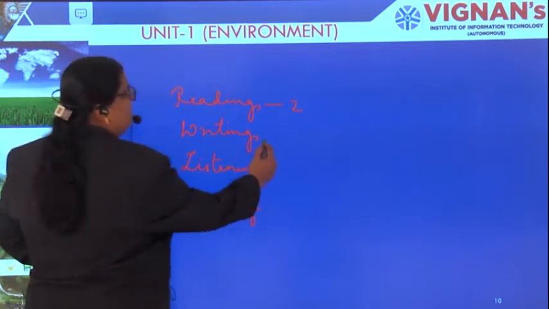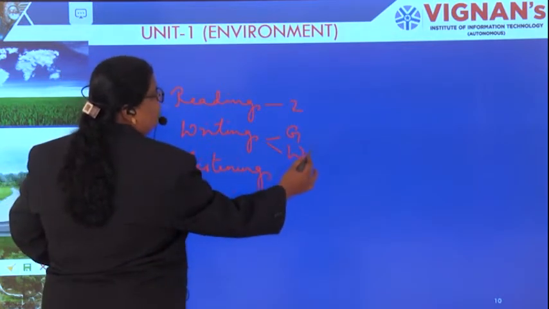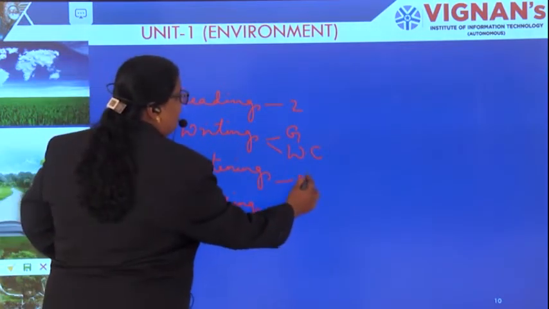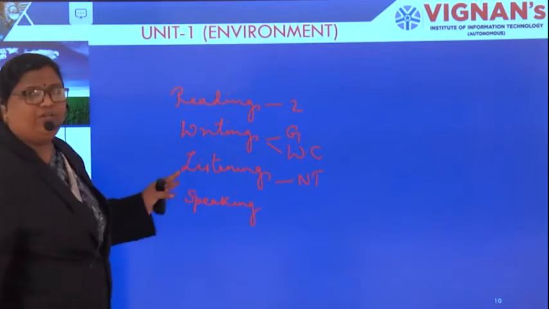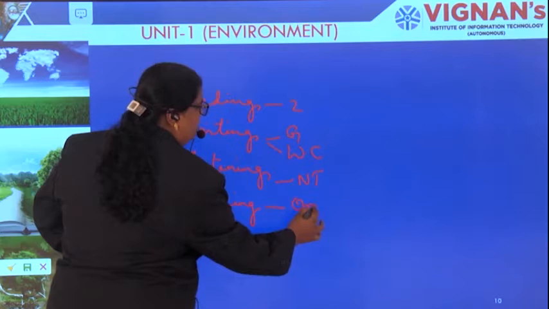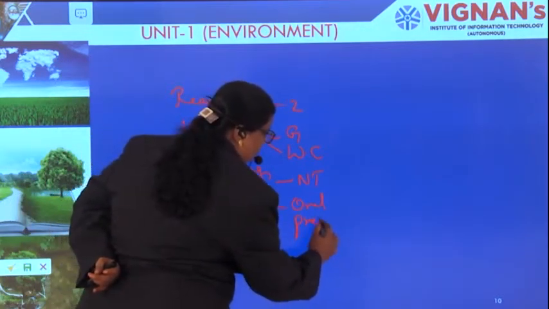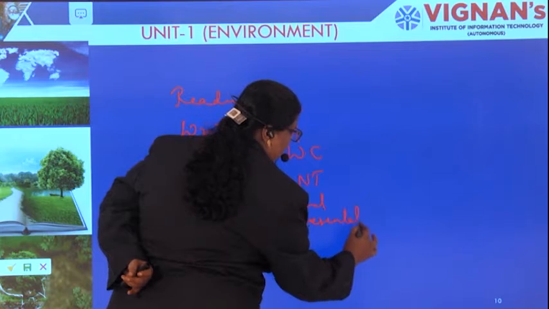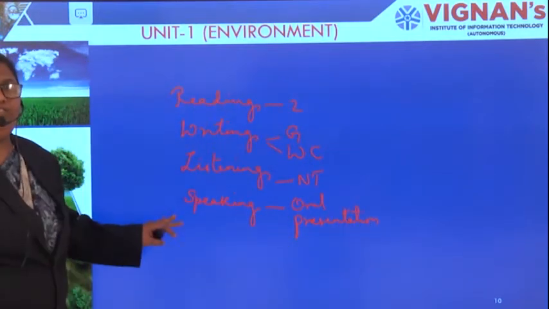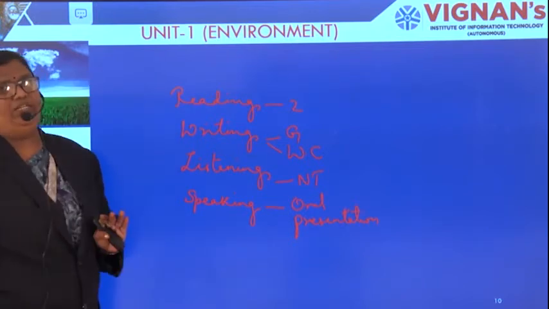And then writing, you have grammar and you have writing comprehension. And listening, you have a note taking task. And for speaking, any oral presentation. Actually, these are the individual components in all 5 units.